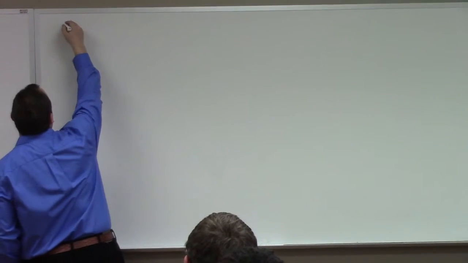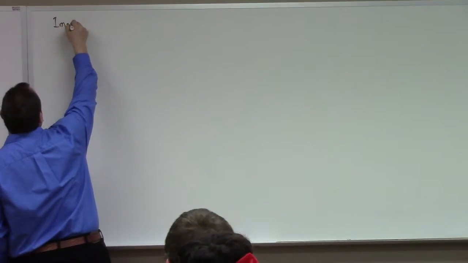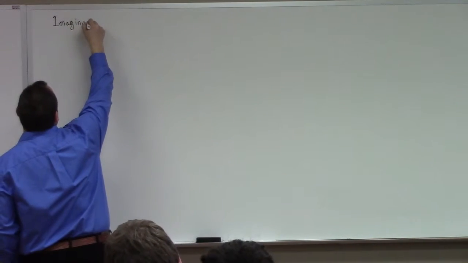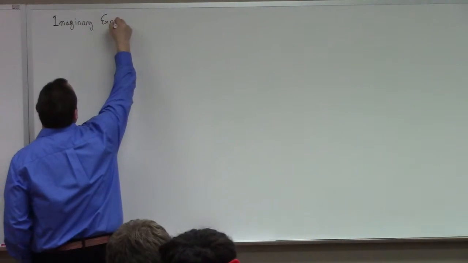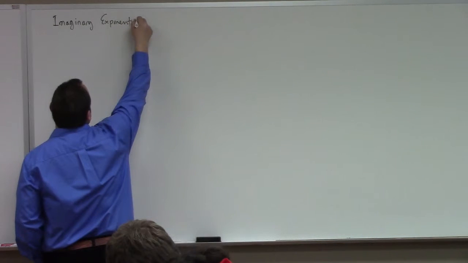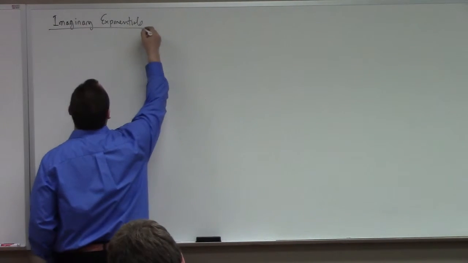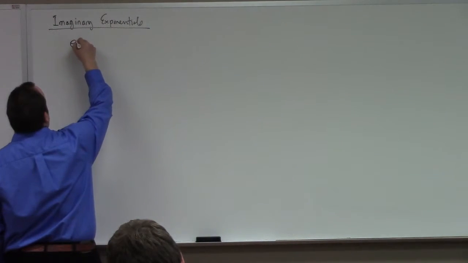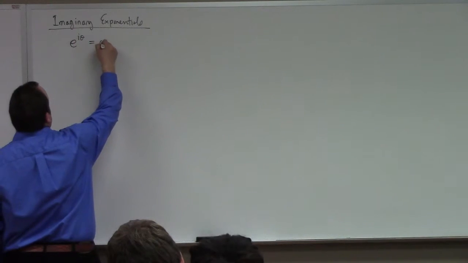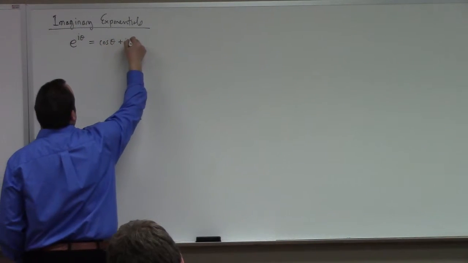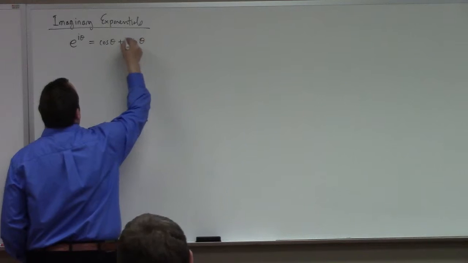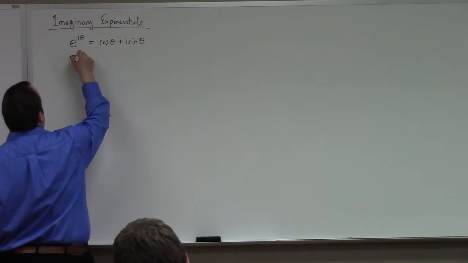Let's see here. So back to the imaginary exponentials, because we have more to do with them. I'll start by showing you something cool about them. So e to the i theta is cosine theta plus i sine theta, and e to the i beta is what?